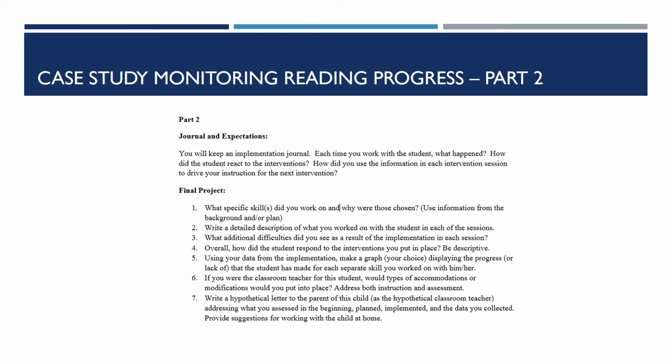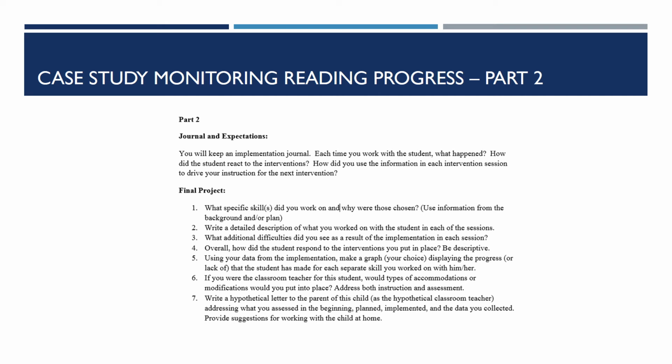I gave you the data, you fill in the details. What additional difficulties did you see? Was Garrett cooperative? Did he want to do it? Did he have any other language or speech issues or anything like that that may have come up? Again, your decision. How do you believe Garrett responded to the interventions?